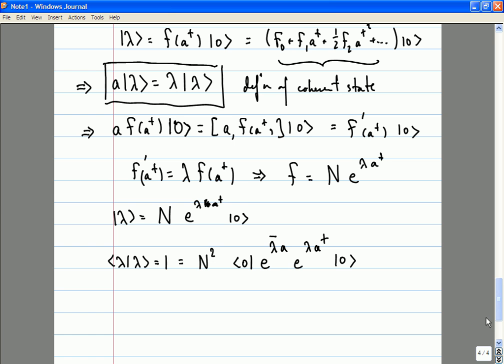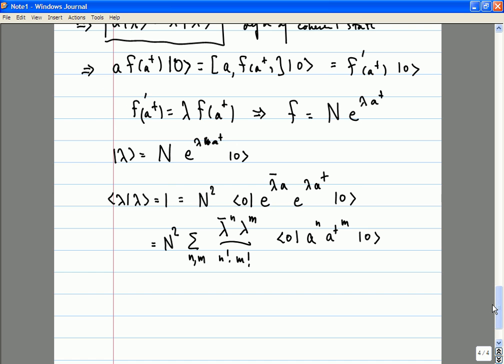So this is n squared times, just expanding out those two exponentials, the sum over n and m of lambda bar to the n, lambda to the m over n factorial times the expectation value of a to the m, a dagger to the m in the ground state.